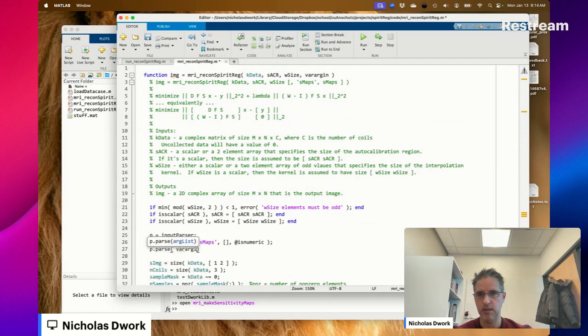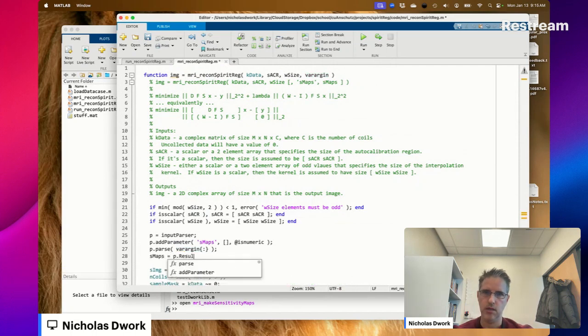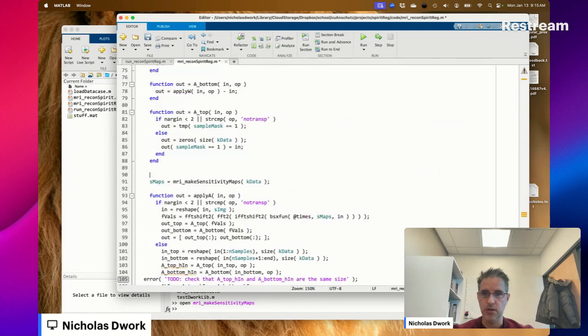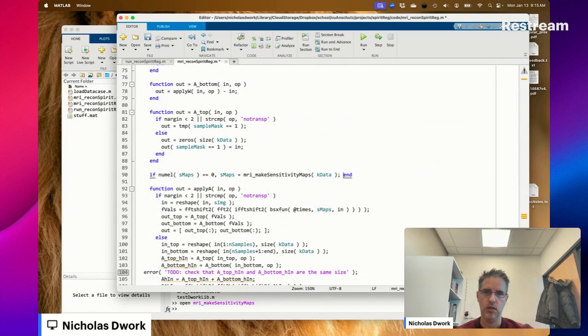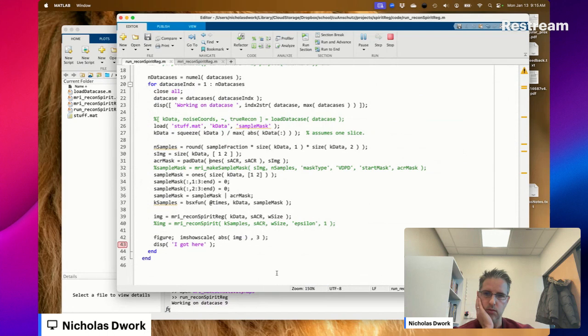And so we're only going to create them if people haven't passed them in. Seems to be running.